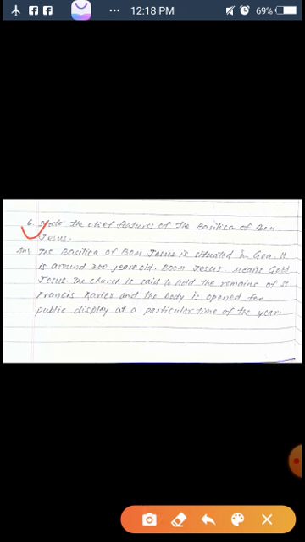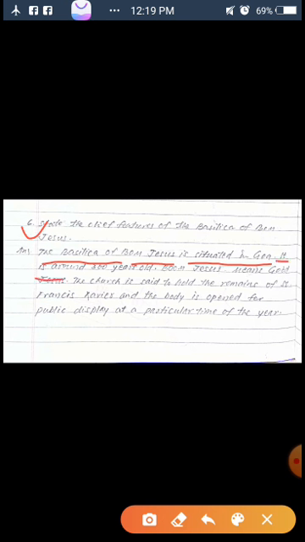Then the last question. Question number 6. State the chief feature of the Basilica of Bom Jesus. This church is situated in Goa, the small state. So here is the answer. The Basilica of Bom Jesus is situated in Goa.